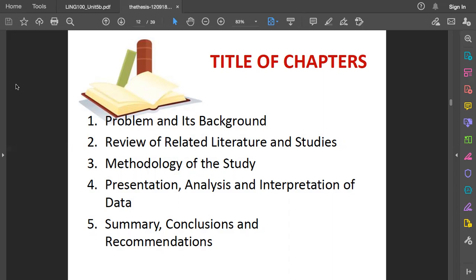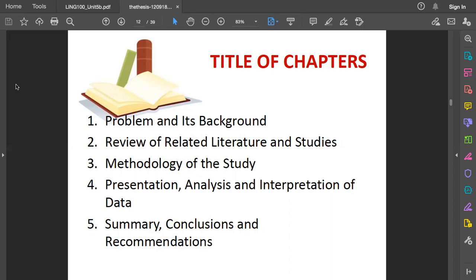Just like in BSIT, we have the review of related literature inside chapter 1, the problem and its background.